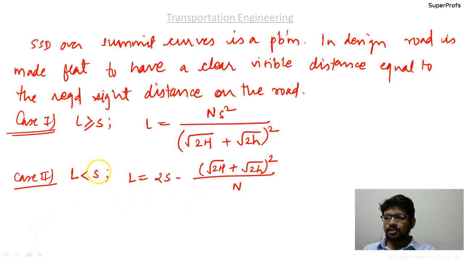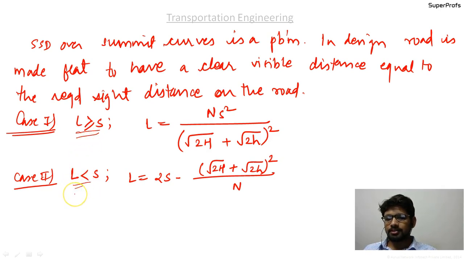So whenever the relationship between L and S is not given, meaning which one is larger is not given, then initially assume that L is greater than or equal to S, and if the assumption is wrong, then use the second equation.